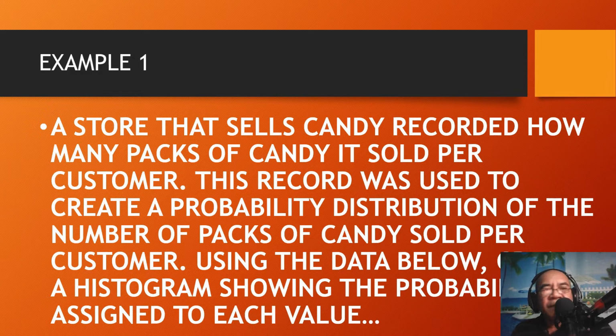For example, a store that sells candy recorded how many packs of candy it sold per customer. The record was used to create a probability distribution of the number of packs of candy sold per customer. Using the data below, create a histogram showing the probability assigned to each value.